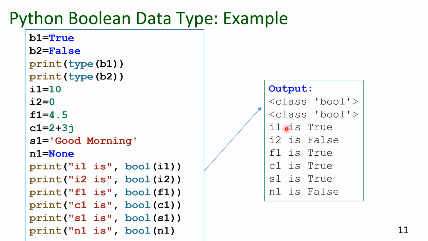The rest of the variables are considered as Boolean true. That means only I2 and N1 are considered as Boolean false here, and all the rest of the values are considered as Boolean true.